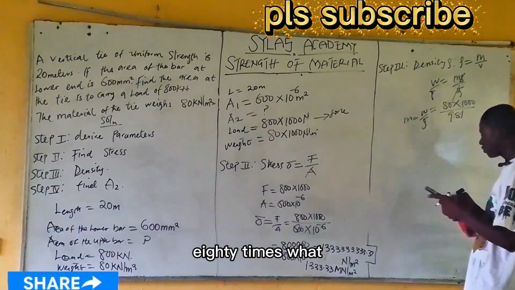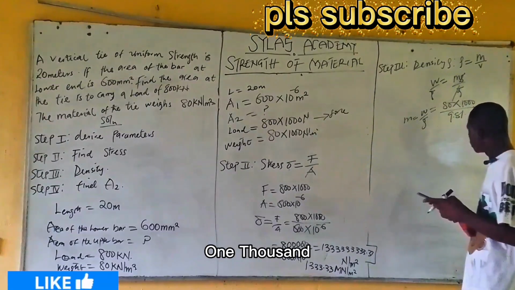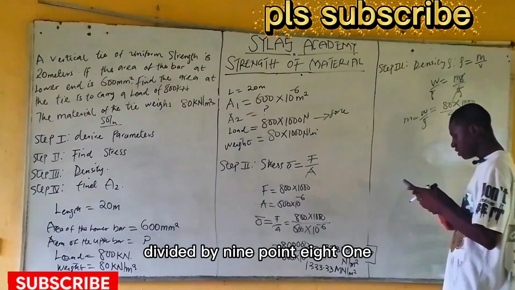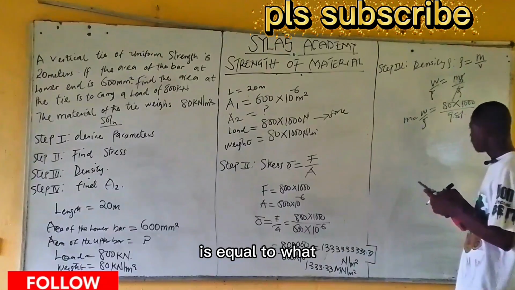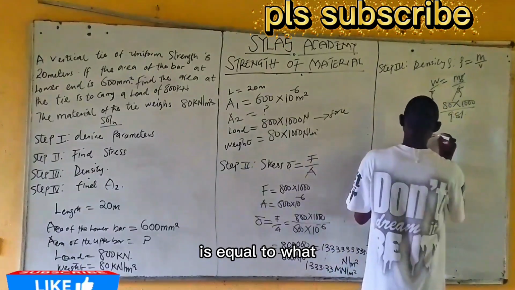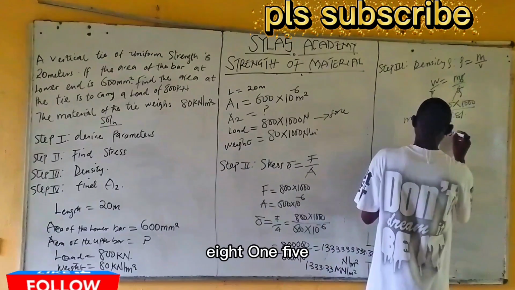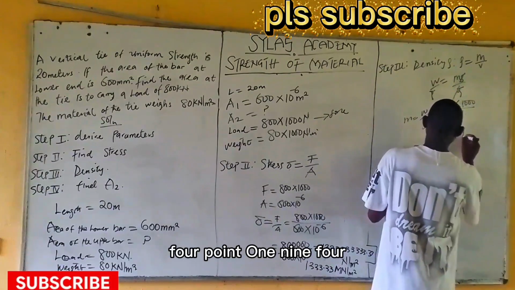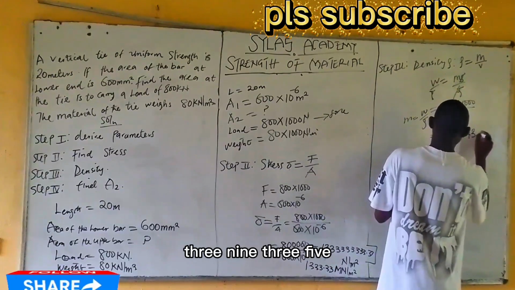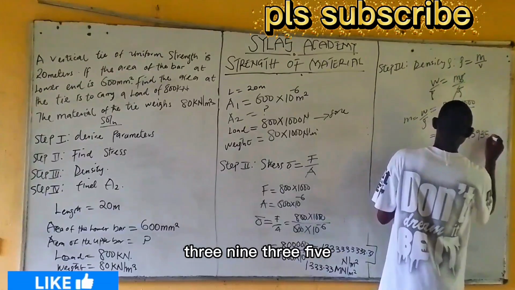Using our calculator, 80 times 1000 divided by 9.81 is equal to 8154.9439335.